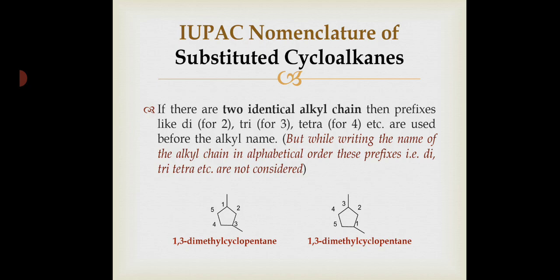So if the cycloalkane is substituted with only two identical alkyl chains, then it doesn't matter from where you start numbering. You can start numbering from any of the alkyl chains. The name will be the same.